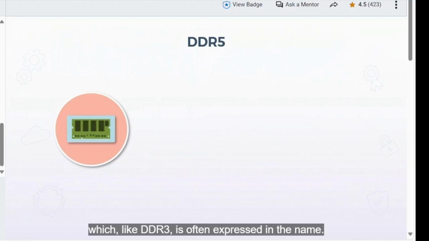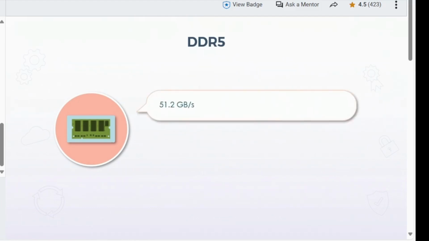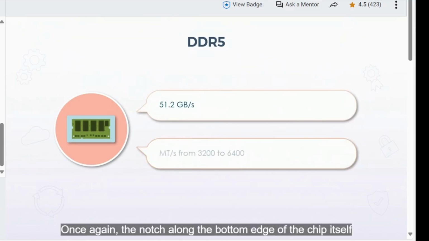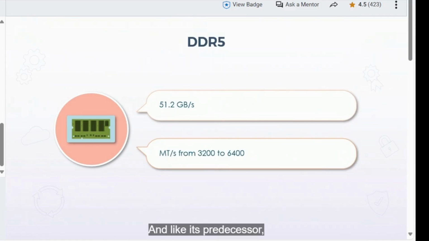But as mentioned, for most of us, the important number is the bandwidth, and once again, DDR5 doubles that of its predecessor with an impressive overall bandwidth of 51.2 gigabytes per second and a million transfers per second, or MTS, range from 3200 to 6400, again doubling that of DDR4.